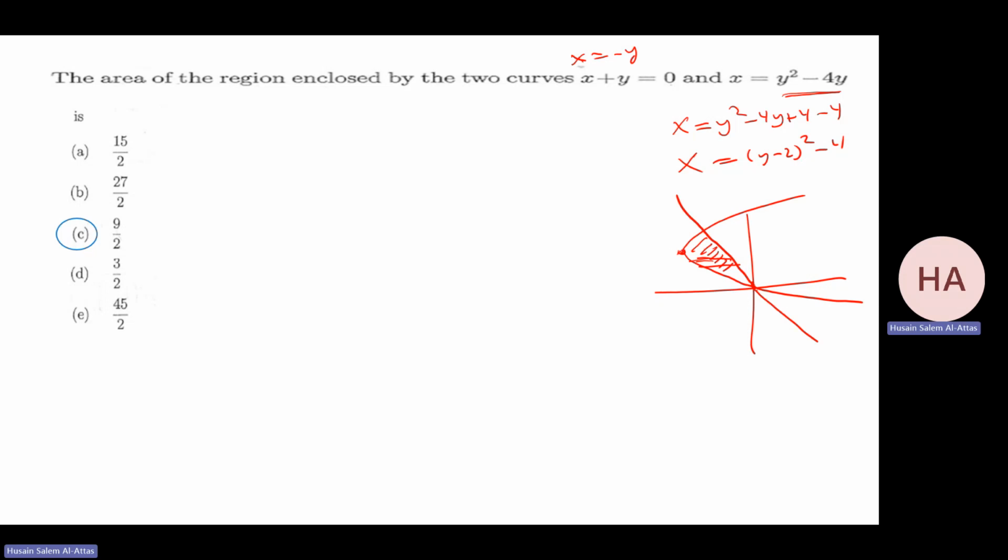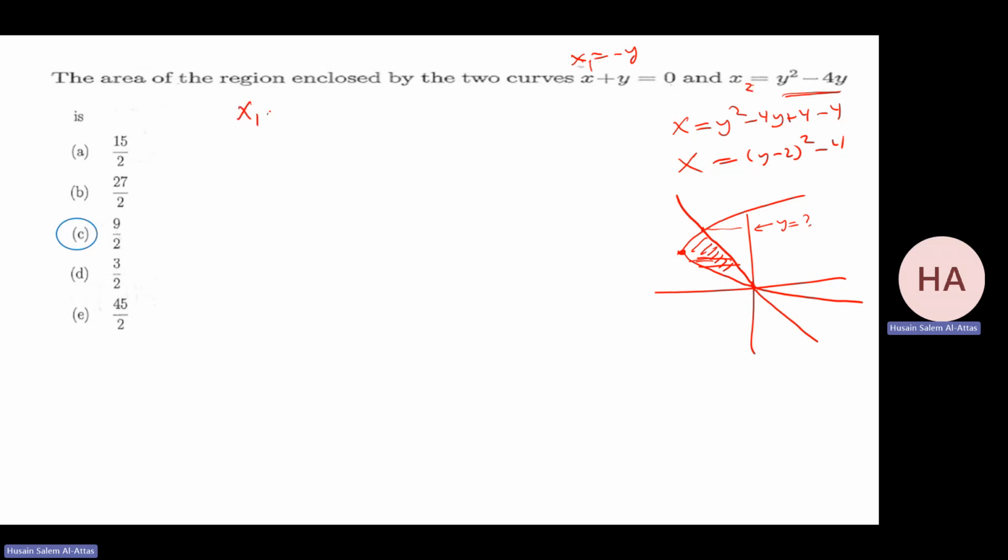So what I will do, also I need this point. I need from 0, I need this point. This is 0. So I need it from 0 up to this point. How to find this point? Just equate the two, x1 and x2.